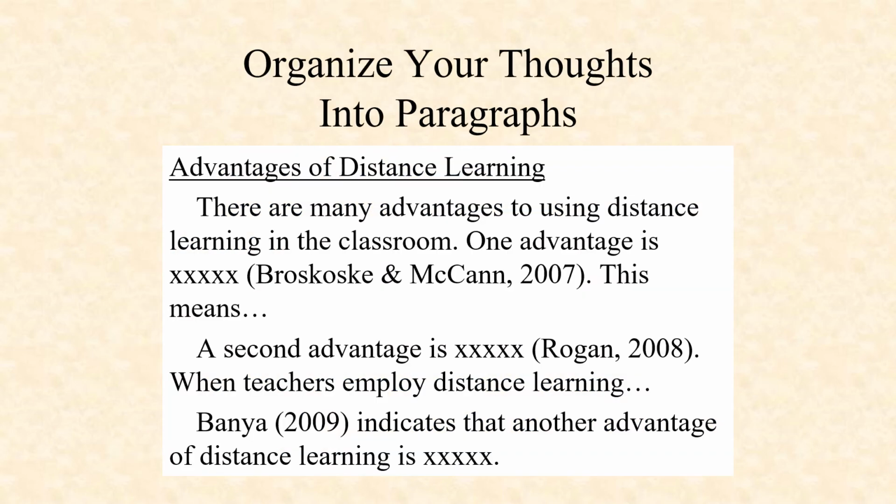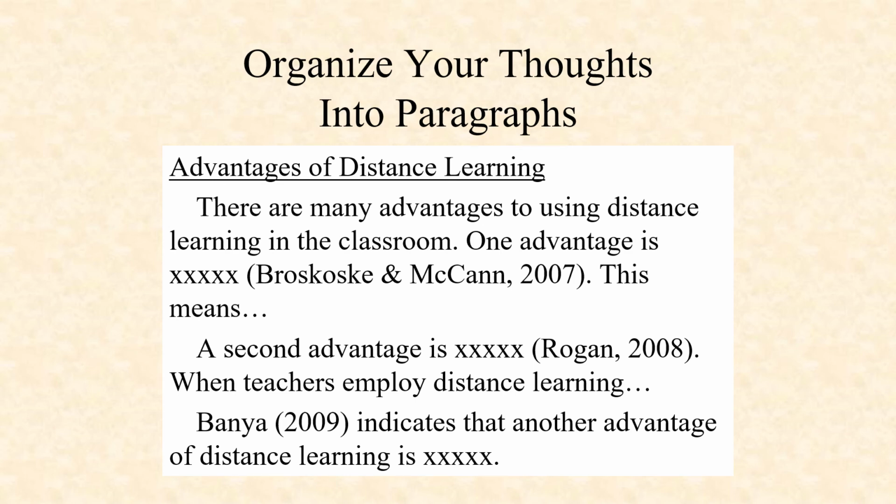And remember that the final result is going to look something like this. There are many advantages. One advantage is, and notice that I've cited an author for evidence, and then this means, and I'll talk about it. A second advantage is, and notice I've taken that advantage out of another article, and then there's even another advantage, and I've taken that from a third article.